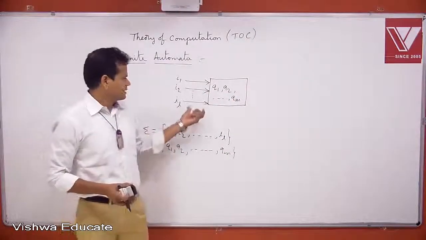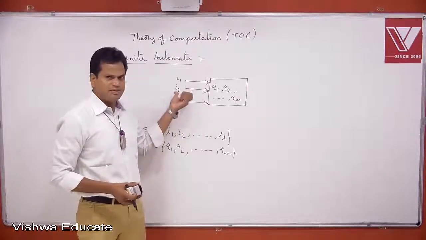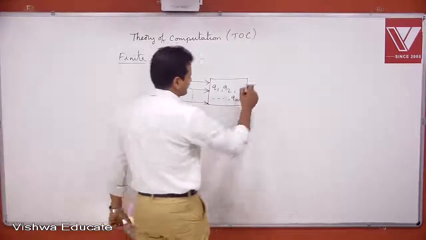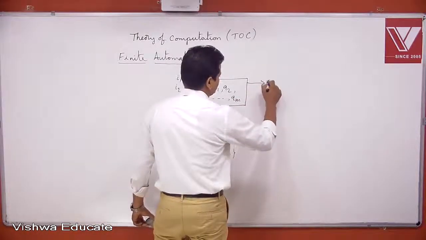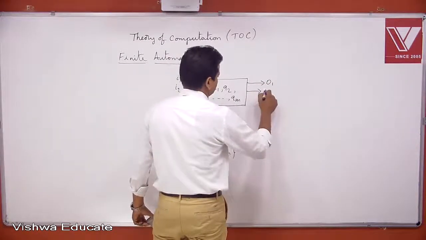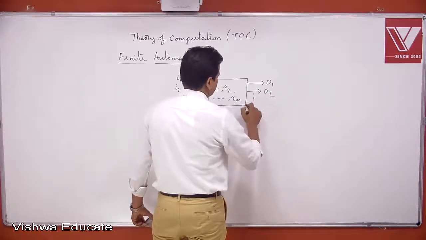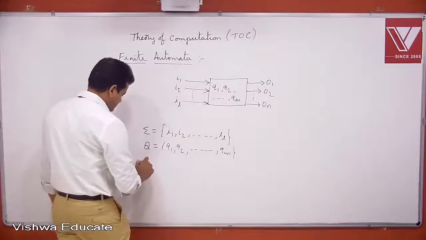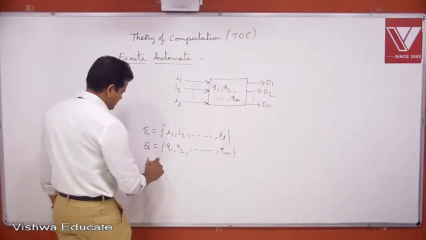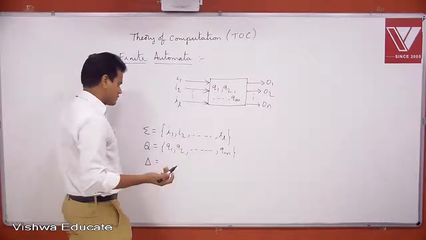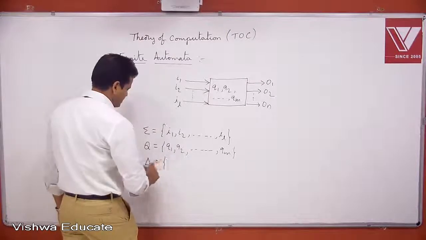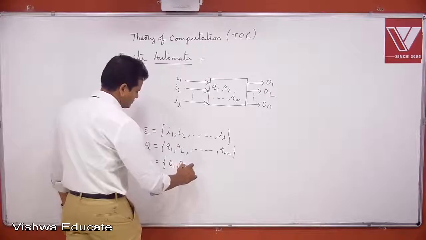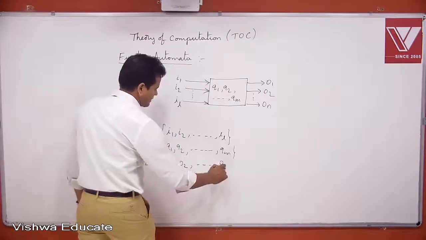Inputs can be more or states can be more. And these are the outputs O1, O2, so on, On. Generally the outputs we represent with delta, or you can represent with any other letter, like capital O. So I am representing with delta, O1, O2, so on, On.